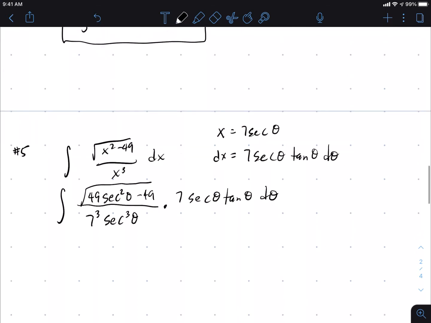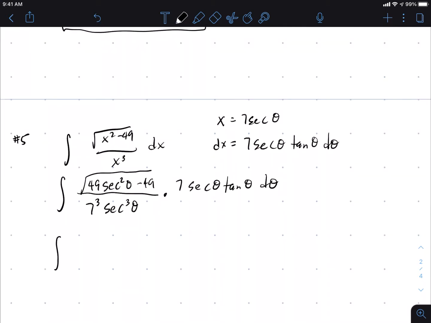Yes. Okay, so that top piece, doesn't that become 7 tangent theta? Right? This becomes 7 tangent theta. Agreed? Agreed.